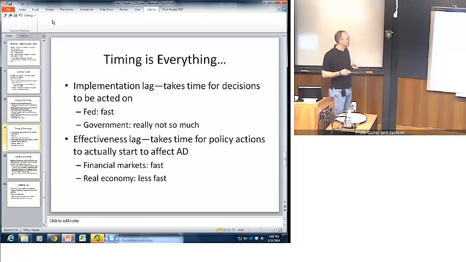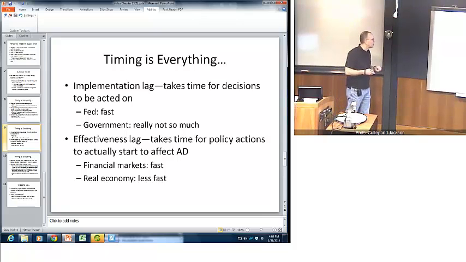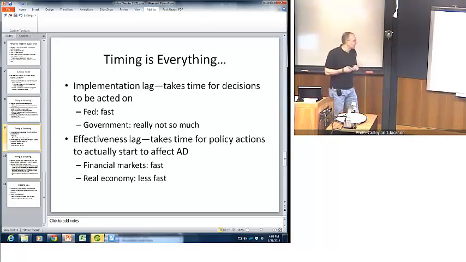And then last but not least, once you've gotten the data, you've recognized there's a problem, you've decided what to do, and you've implemented your solution, there's one last problem you run into: the effectiveness lag. Your policy actions are going to take a long time to actually impact the overall economy, to, for example, change aggregate demand, meaning changing consumption behavior, investment behavior, and the behavior of, say, exports.